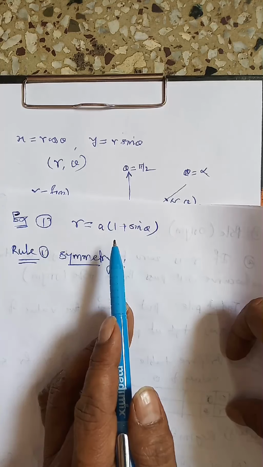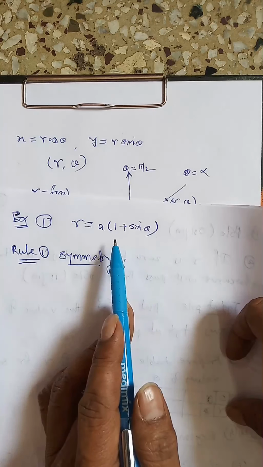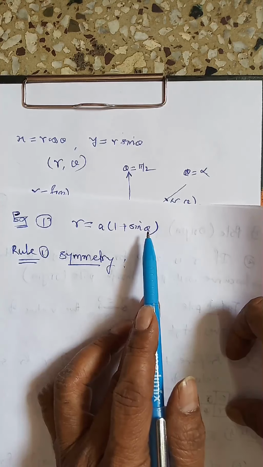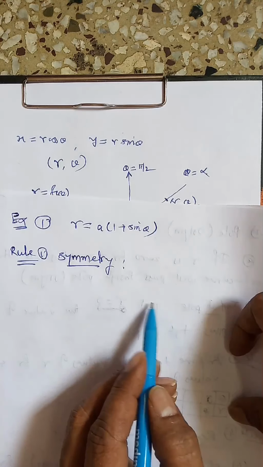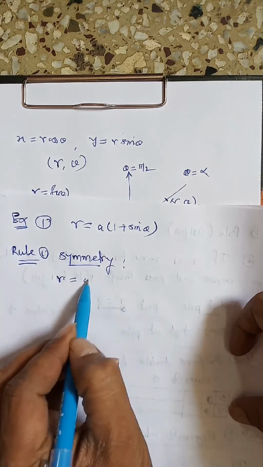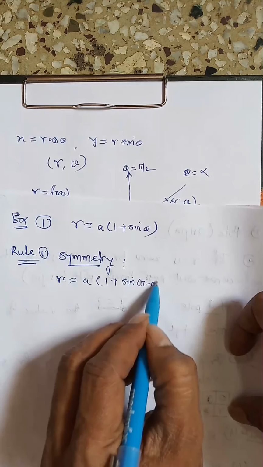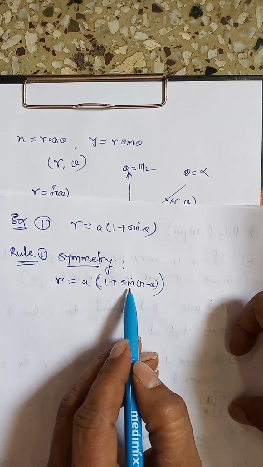Here you do not conclude immediately that the curve is not symmetrical about the y-axis. We'll check the equivalent rule for this symmetry, and that is to replace theta by pi minus theta. So we'll get r equals a into 1 plus sine of pi minus theta, right? And what's sine of pi minus theta?